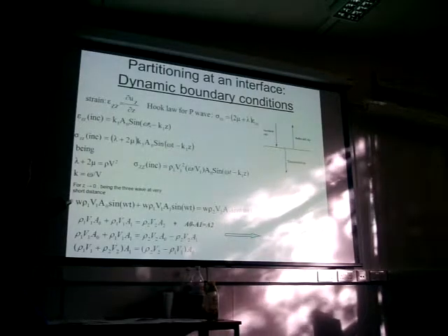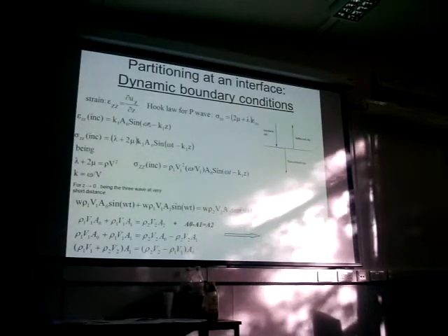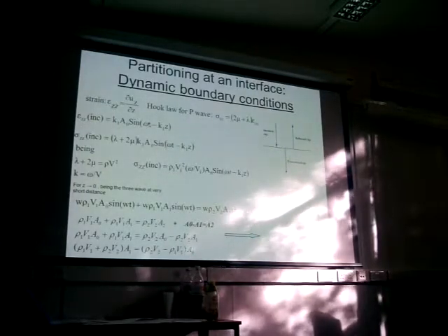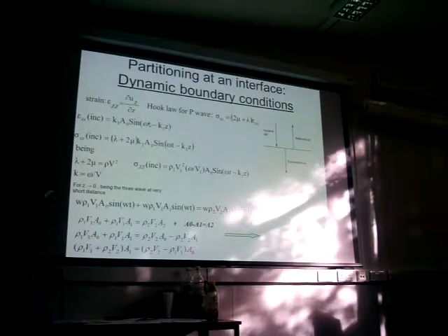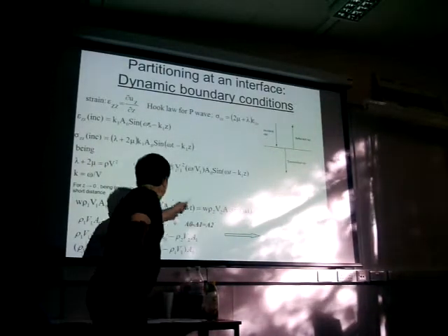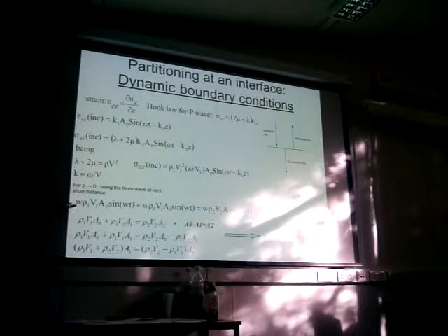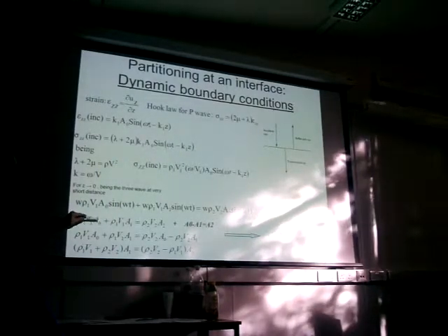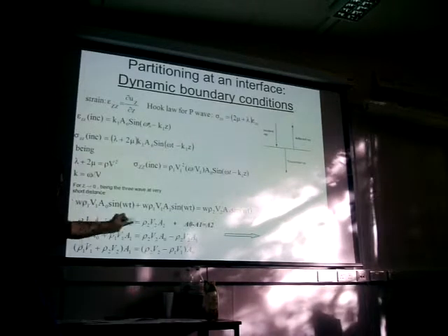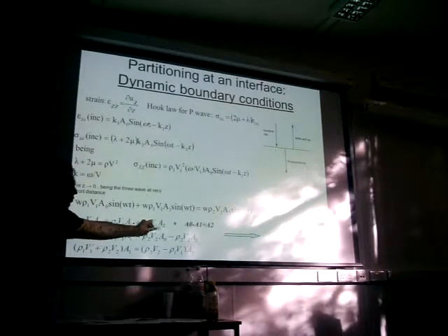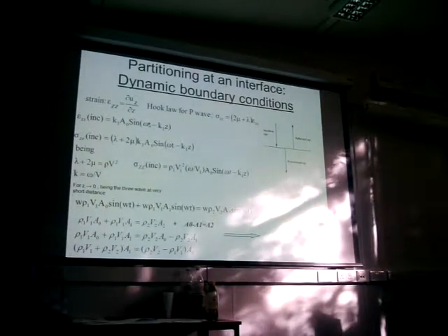One other thing is the frequency, which in my case I didn't change because I decided to change the wave number. Still there, there, and there. So that's done as well. What will remain is density 1 v1 A0 plus density 1 v1 A1, the reflected one, equal to density 2 v2 A2, the transmitted. Now it's much more simplified.